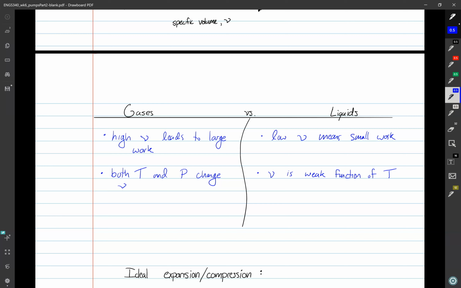Look at how temperature and pressure affect specific volume, comparing gases and liquids. So specific volume is a weak function of temperature for liquids, and nearly independent of pressure. Temperature matters a little bit, pressure matters even less. It does matter, but it matters less.